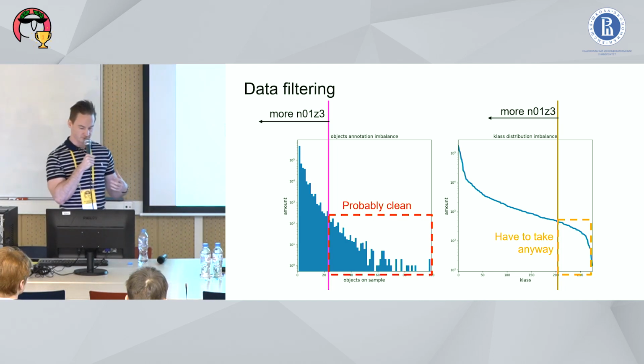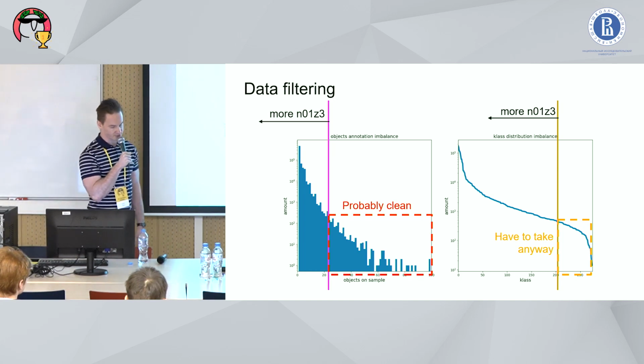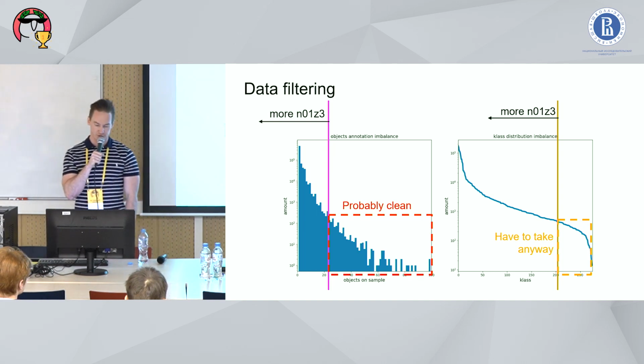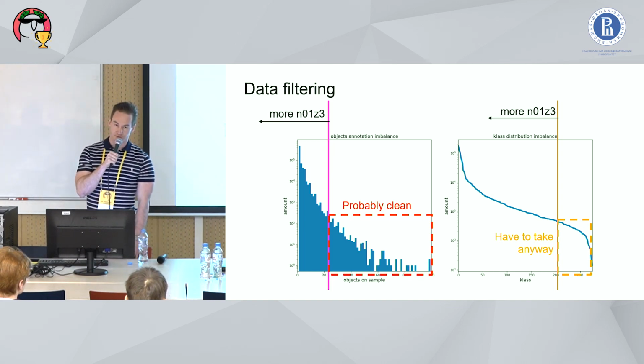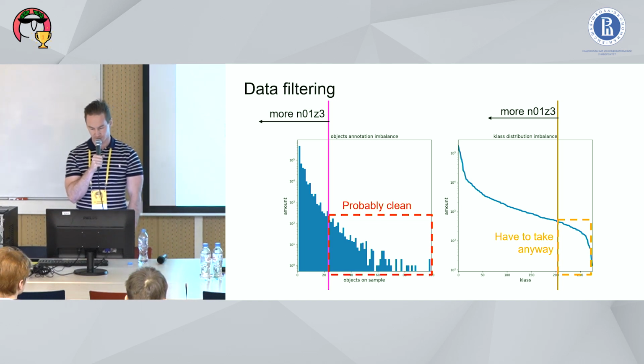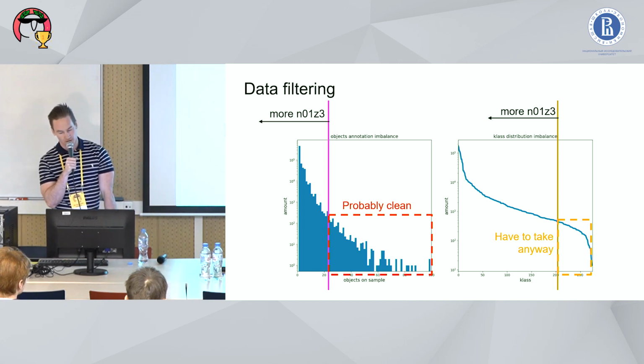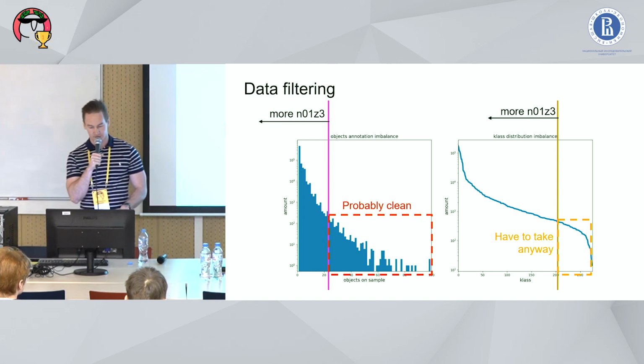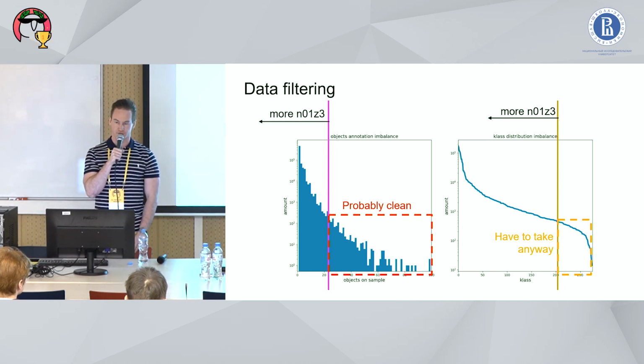Then I decreased the threshold for objects per sample and increased the number of classes with very low presence. I started from 8 objects per sample and finished with 2 objects per sample. For the class distribution imbalance, I started from 800 classes and finished with 1000 classes. If I increased the amount of noisy data in the train set, it worsened my score on the validation part.